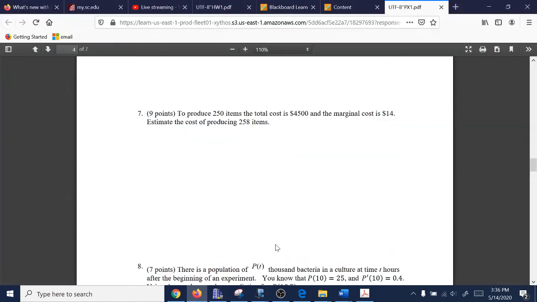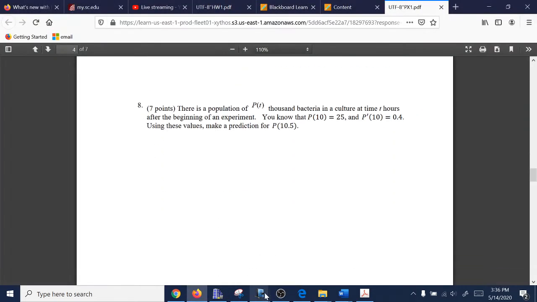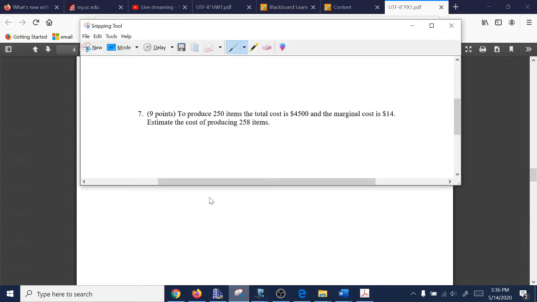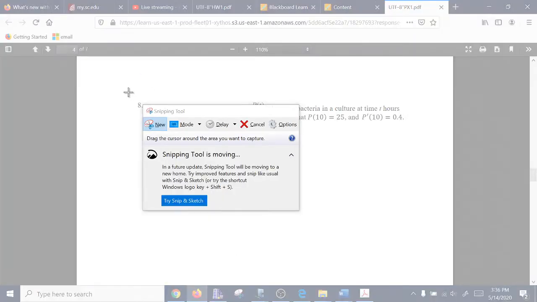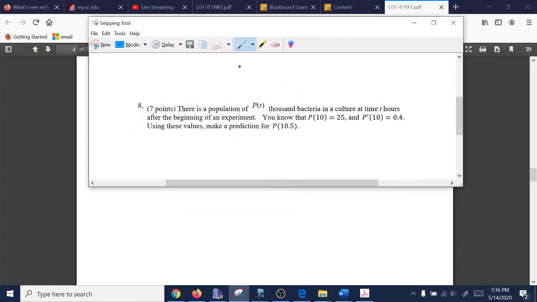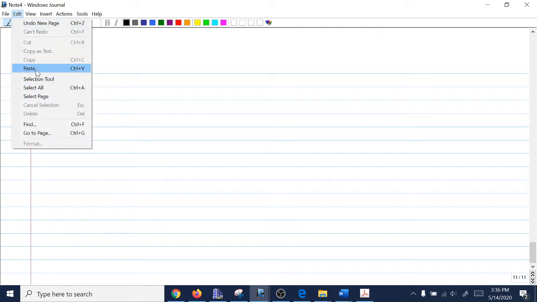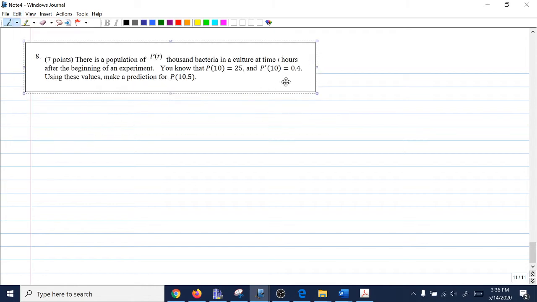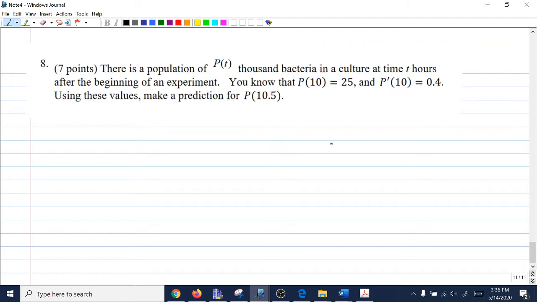What else we got? Here's a population. P of t is measured in thousands. It's P of t thousand bacteria at time t hours after the beginning of an experiment.